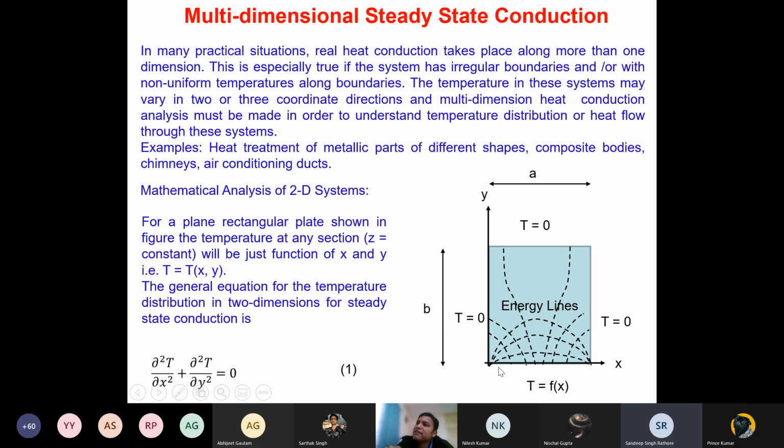In the z direction, we are assuming that the temperature is the same at any location. Does it make sense? Yes, sir.